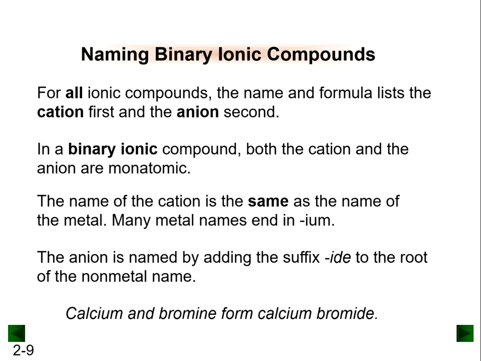Moving on to binary ionic compounds. We looked at these thinking about the fact that in some cases, as we just saw in the last slide, we only have one charge state. And that would be the case for calcium and bromine, forming calcium bromide.